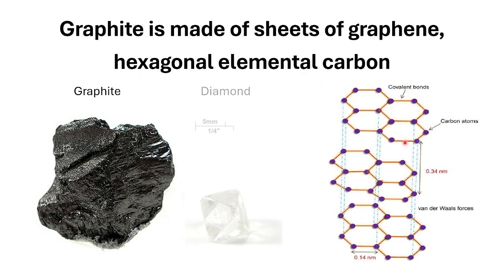And graphene are these sheets that lay on top of each other. And then there are other forces, these van der Waals forces, that hold the sheets to each other. But these bonds are much stronger than these bonds, which is why graphite is actually used as a lubricant. Unlike diamond, which is super sharp, graphite can act as a lubricant because these sheets can slip between each other.